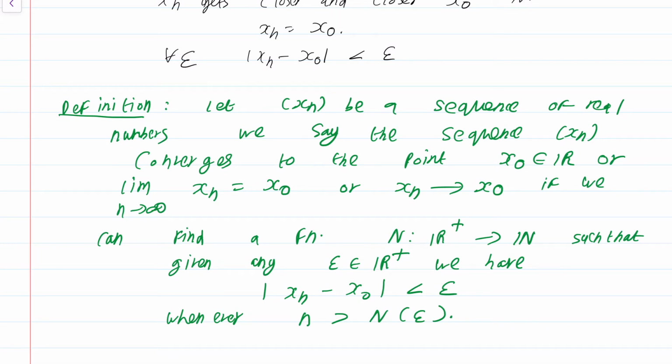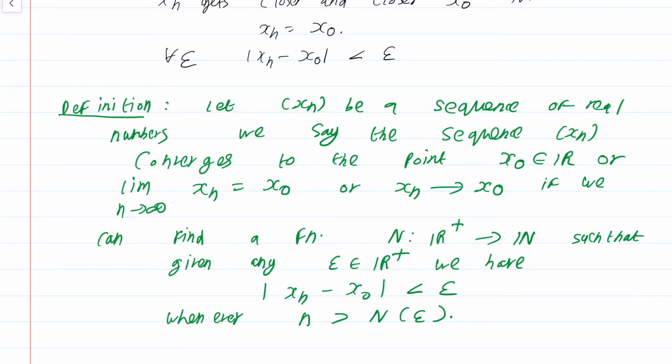If somebody gives you an epsilon, this epsilon is supposed to be the level of desired approximation, or you can think of it as the least count of the scale. This N epsilon is supposed to be the point in the sequence beyond which the terms of the sequence satisfy this desired level of approximation.